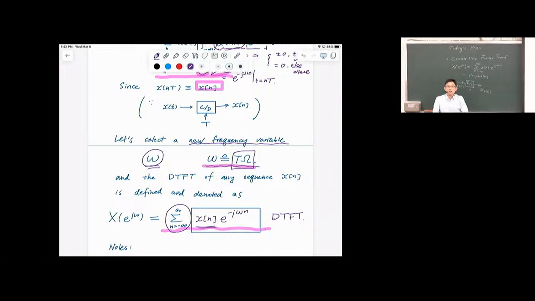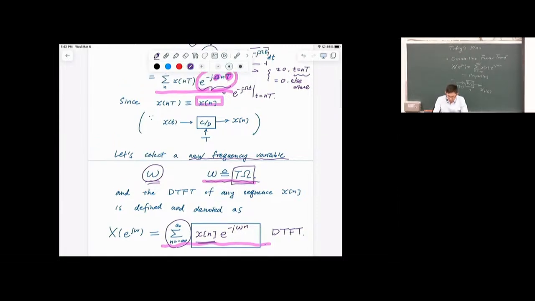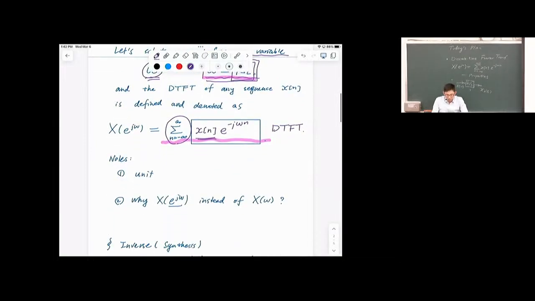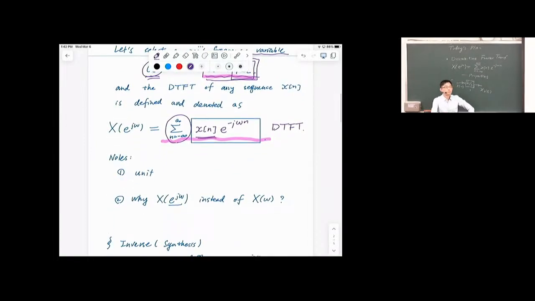The key point to keep in mind is that we introduce a new frequency variable. This is important. It's important to always keep in mind that there is a new definition of frequency variable. But then we can have a few discussions. First discussion: what is the unit of this new frequency variable?